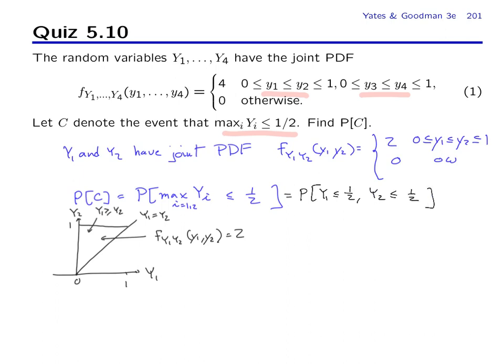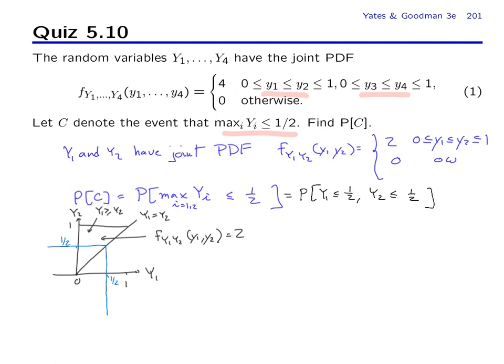We can draw this region on the plane: it's everything in the lower left corner, where y1 is less than or equal to a half, so you're to the left of the vertical line, and y2 is less than or equal to a half, meaning you're below the horizontal line.